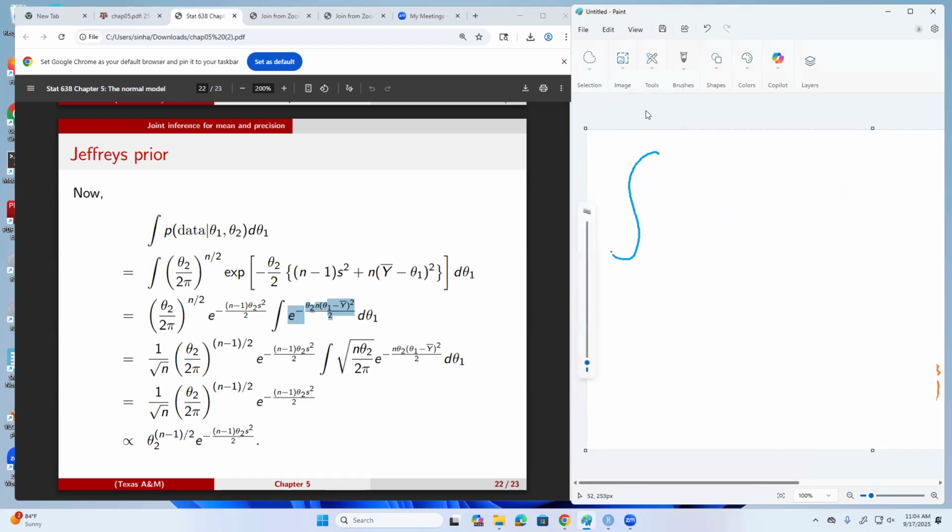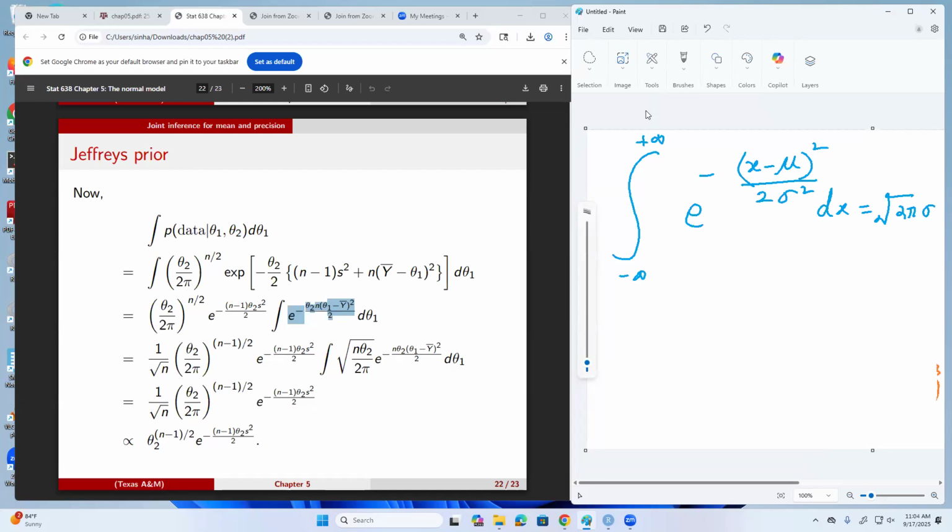Suppose you have this integration from minus infinity to plus infinity of e to the power minus (x minus mu) square over 2 sigma square dx. Tell me, what is this integration? Exactly, very good. It is square root of 2 pi sigma. Now, how do you know it?